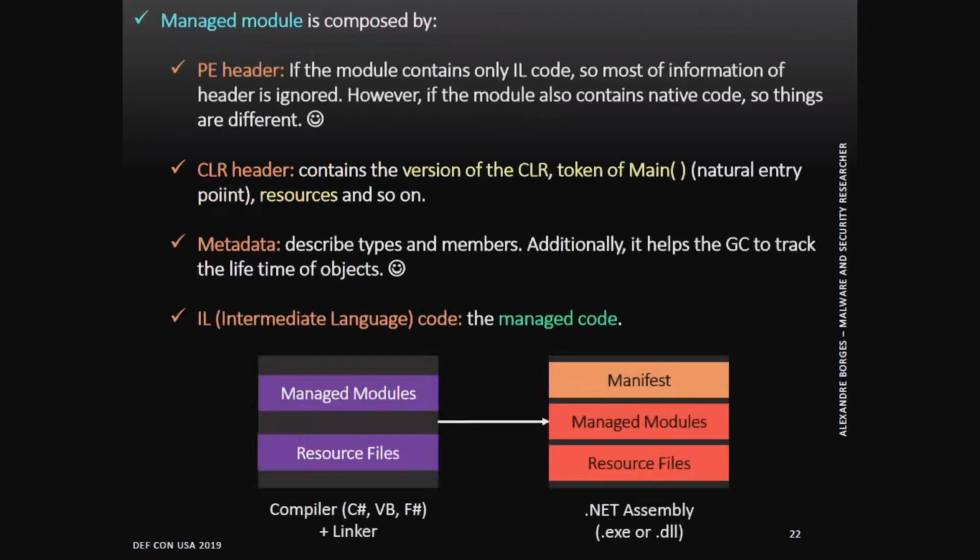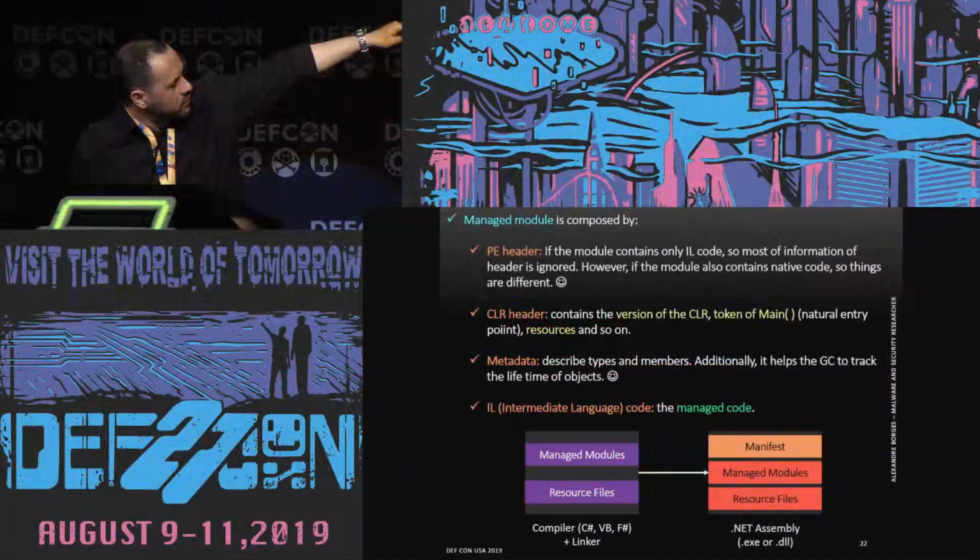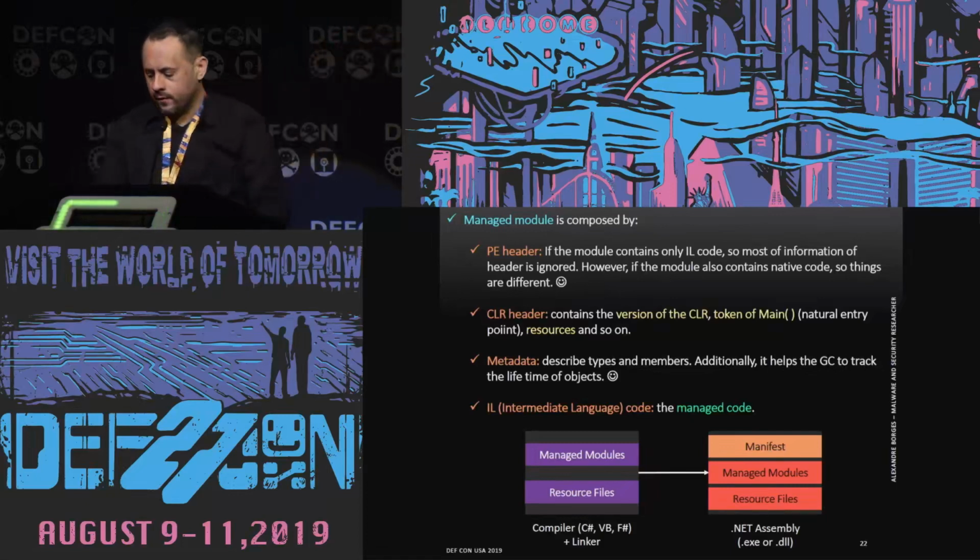For example, managed code is composed of a PE header, of course, CLR header, metadata, and intermediate language. In this case, I have the compiler here. I have the managed modules. I have the resource files that are compiled to a final version composed of a manifest, managed modules, and a resource file.